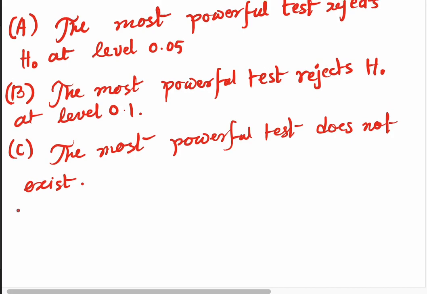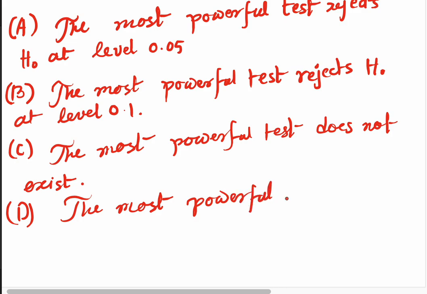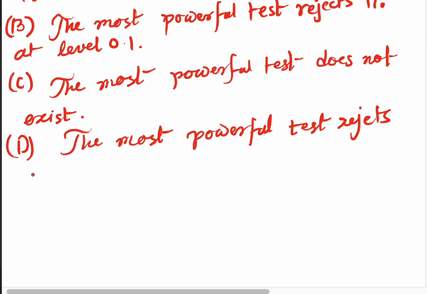And D, the most powerful test rejects H0 at level 0.025.